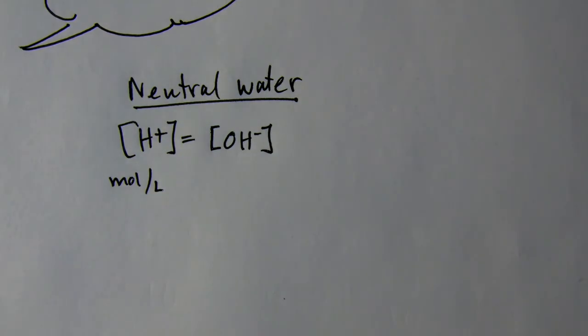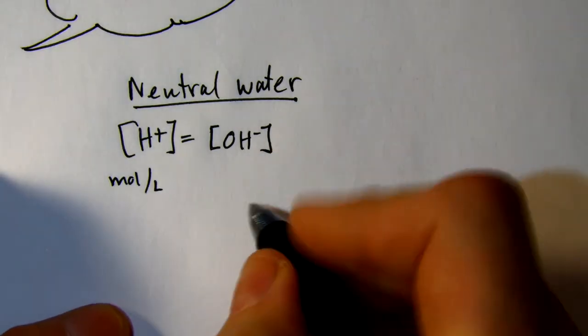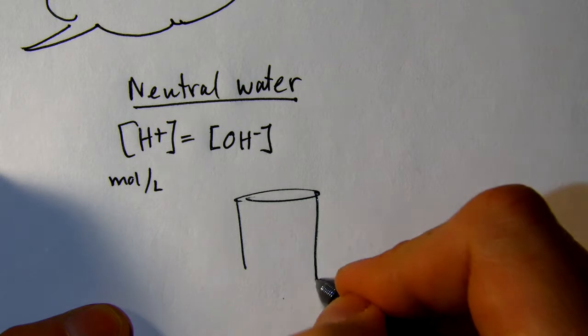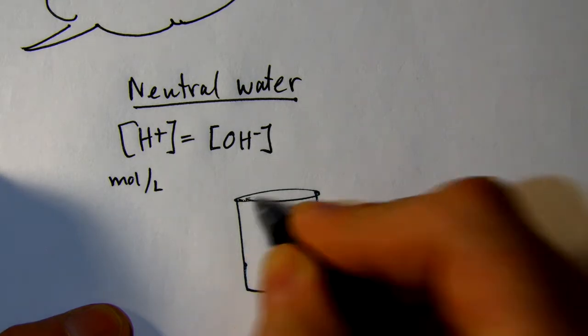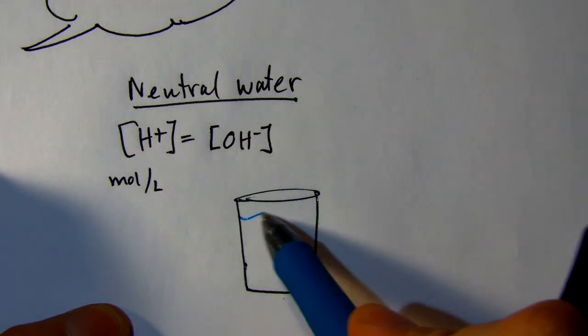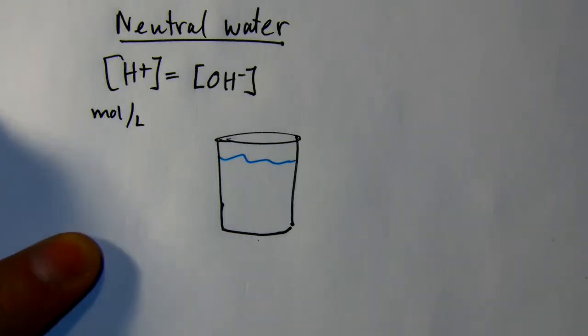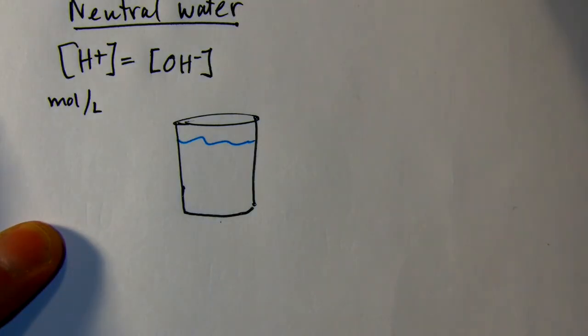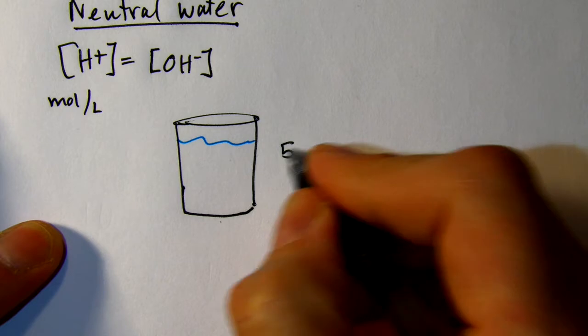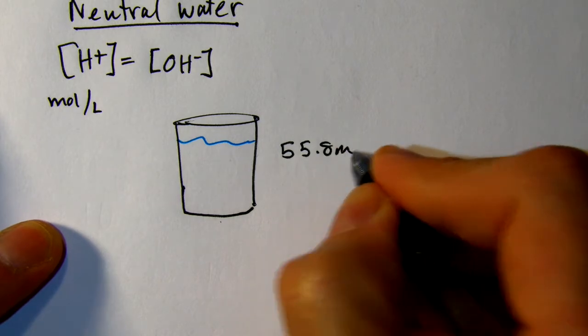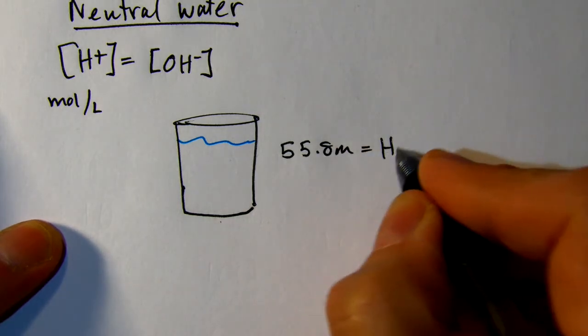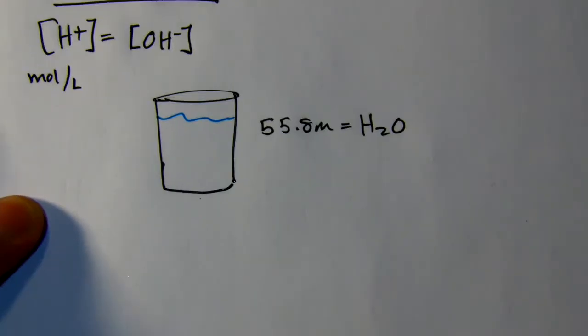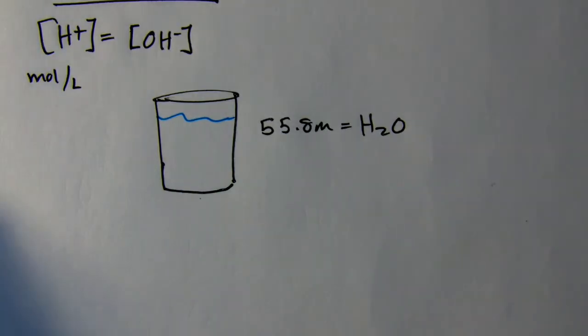But let's make sure we know what's going on in water, okay? If you have a beaker of water, yeah, let's put a little bit of water in there. Here we go, okay? Inside this water, a huge amount, 55.8 moles per liter, is H2O. Like, that almost sounds kind of stupid.